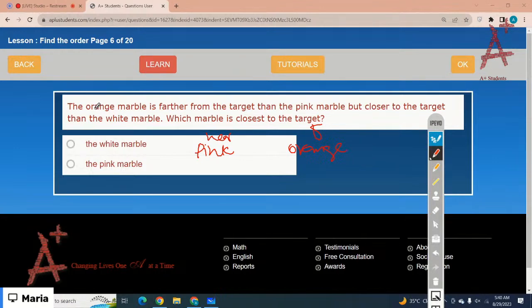That means orange one is closer than white. Pink, orange, and white. Which marble is the closest to target, pink or white? Pink one is the closest to target, right? The correct option is pink.